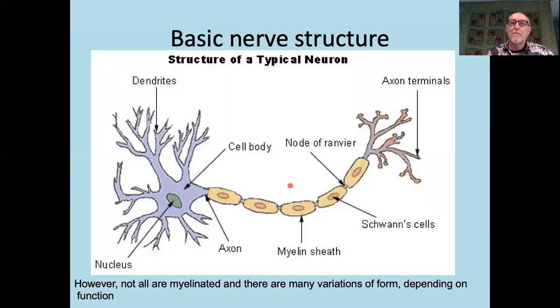So let's have a look at the structure of the basic nerve. Remember, this is really the typical nerve, but nerves may be specialized in all sorts of ways which make them differ from this. So first of all, it's a cell. It has a cell membrane, plasma membrane all around the outside.